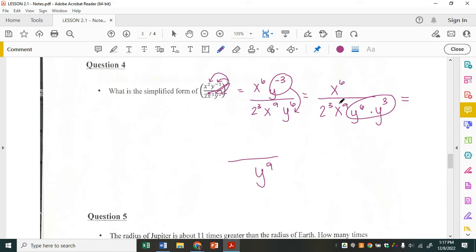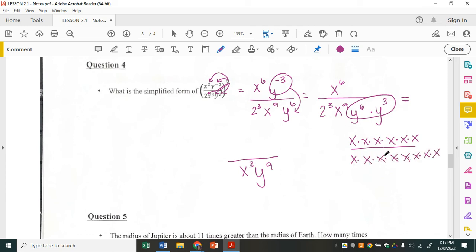If you take away the negative and you just find the difference, the difference between these two exponents is 3. Where are there more x's, on the top or on the bottom? So the x to the third goes on the bottom, right? So that means 2 to the third goes to the top, right?